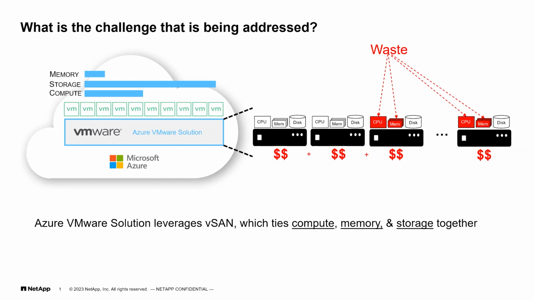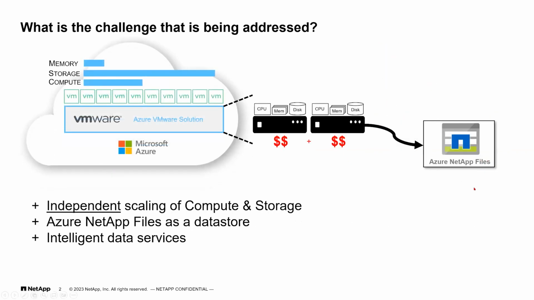And so we want to try to overcome that. The way that we can now do this is by introducing Azure NetApp Files as a data store in addition to the vSAN storage that you get with the nodes. And this really will help us solve that problem. We're going to walk through, in a detailed fashion, one of the early customer successes that we had and how that played out for that customer and their real world situation.